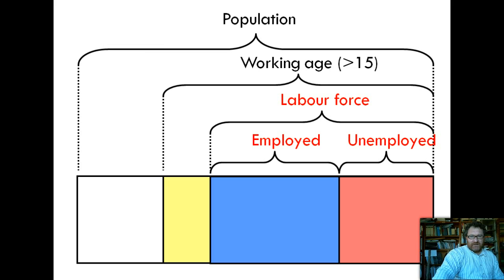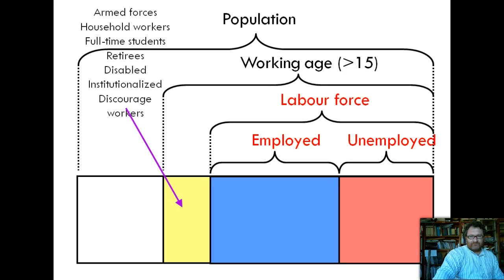So these people here in the yellow area, they're over the age of 15, they're of working age, but they're not in the labour force. So this is people who are in the armed forces. They're not civilians if you're in the armed forces. So household workers, we mean by that people who do housework for free.